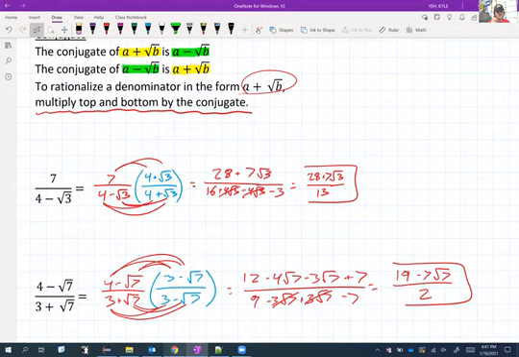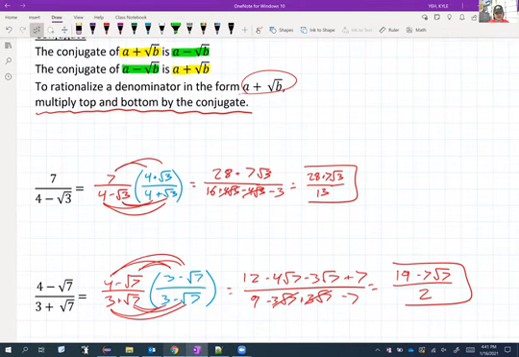All right, so there it is with my work on the screen. You can see I multiplied in blue on that problem by 3 minus root 7 on top and bottom, the conjugate of my original denominator. And when we FOIL everything out, you can kind of see my work there. On bottom, we had minus 3 root 7 plus 3 root 7. Those canceled, so I ended up with 9 minus 7, or 2.